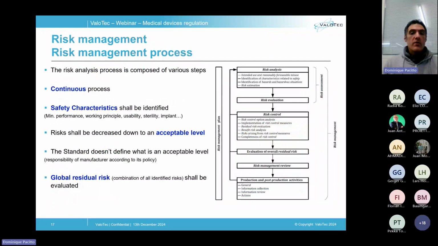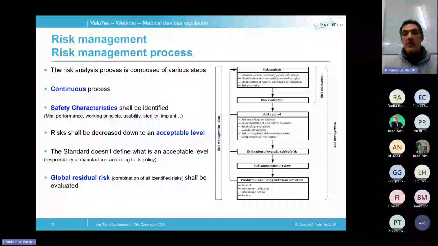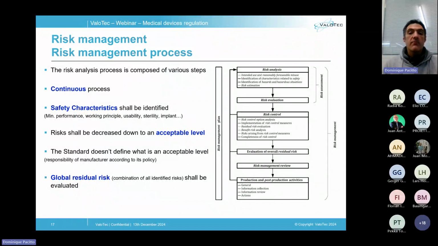So once the risk management plan is ready, the risk management process can start. This process consists of 6 steps, as shown on the figure, including the AECR activity seen previously.